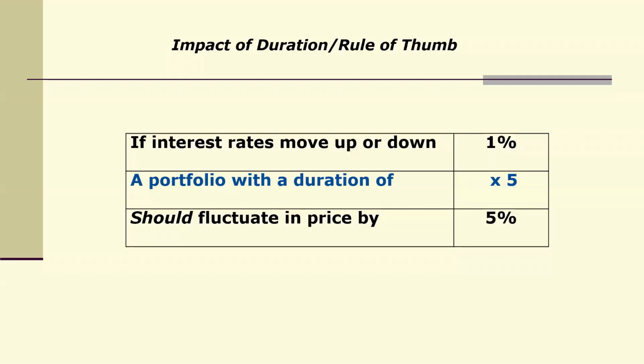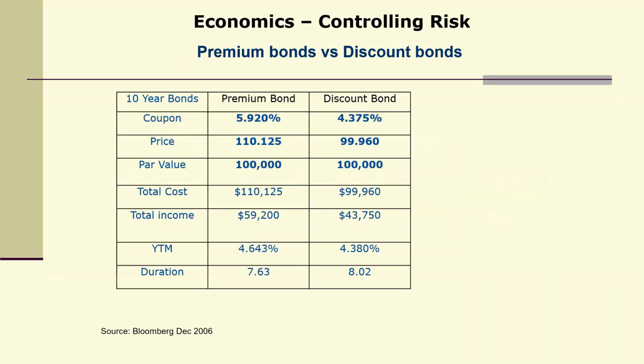So if your duration in your bonds is 10, then obviously for every 1% that interest rates move up in a rising interest rate environment, that could result in a decline in the value of that portfolio by 10%. So you see how that works.